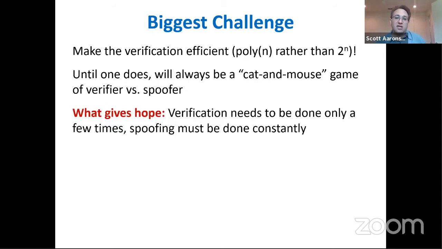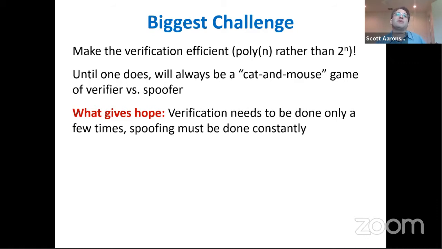Now, what gives some hope is that the verification, as I said, needs to be done only on a tiny random sample of the rounds. So it needs to be done only very occasionally and at the verifier's leisure. Whereas the spoofing, to be successful, would have to happen over and over again.